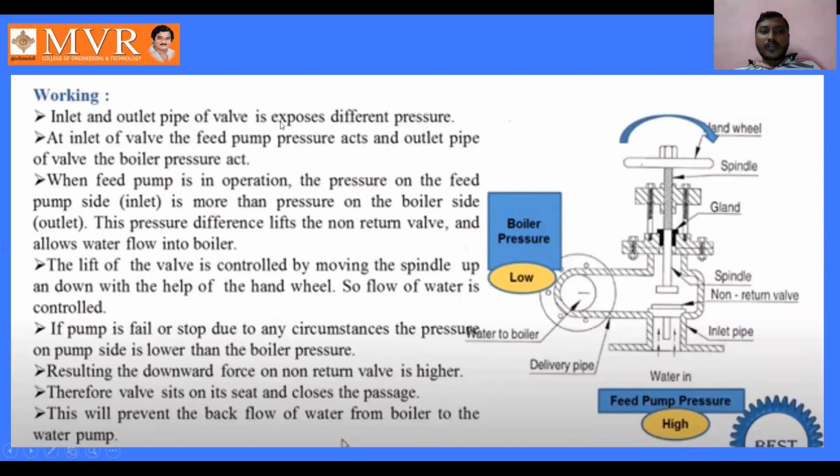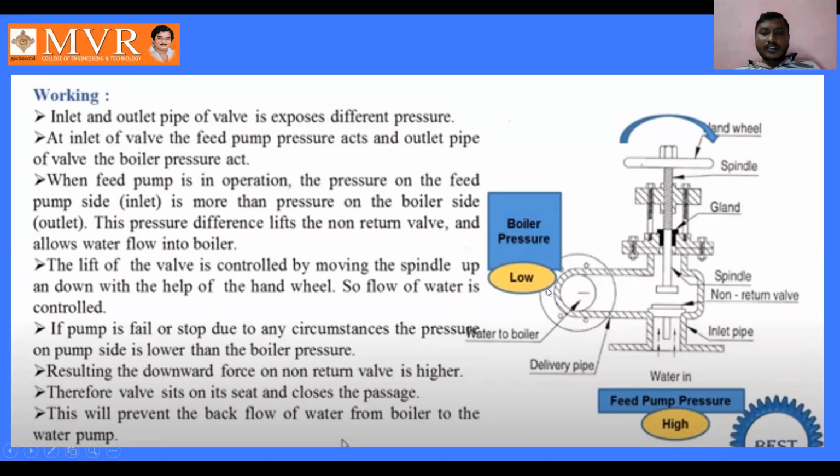the inlet and outlet pipes of the valve are exposed to different pressures, meaning inside we have one pressure and outside we have another. At the inlet of the valve the feed pump pressure acts, and at the outlet pipe of the valve the boiler pressure acts.